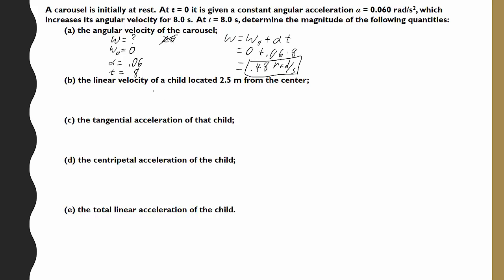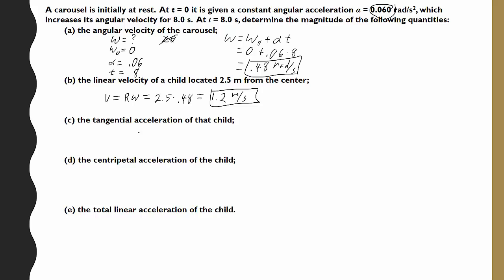Next part here, we want to find the linear velocity of a child 2.5 meters from the center. So if we remember our conversion to get linear quantities, we just need to multiply the angular quantities times r. We're given r, and we found omega in part A, so all we have to do is multiply those two things, and we get 1.2 meters per second.